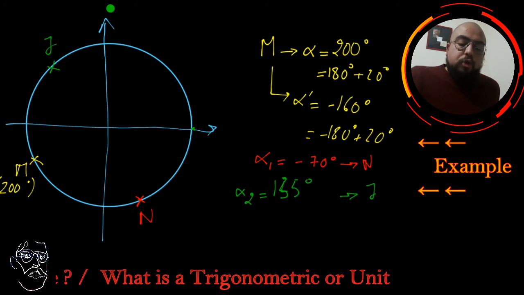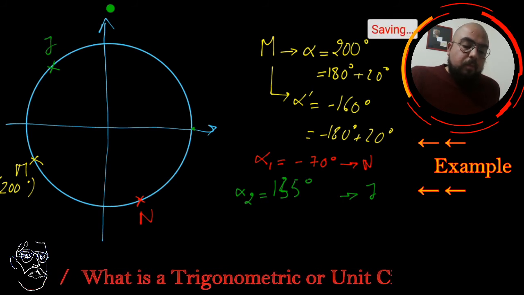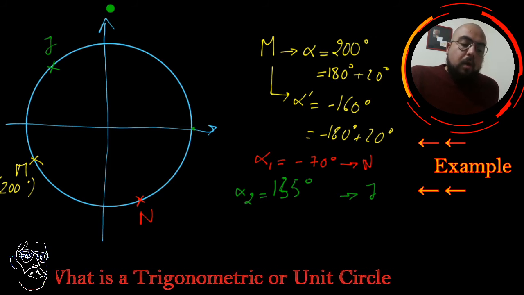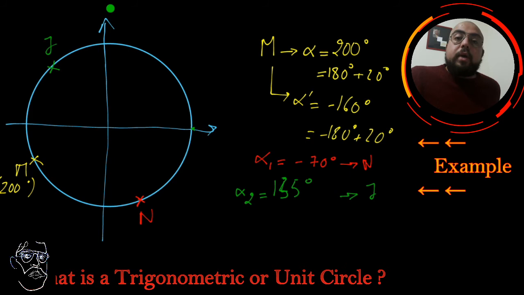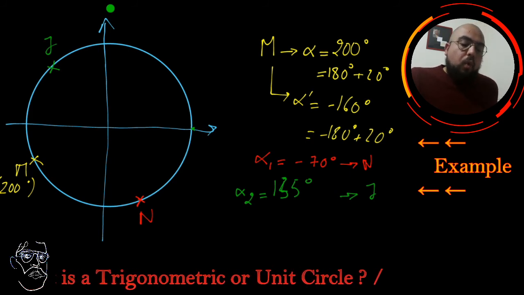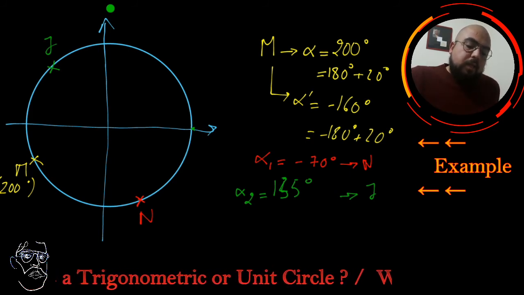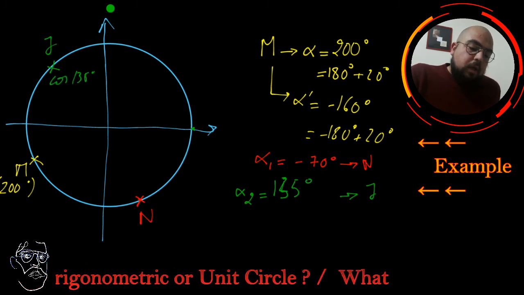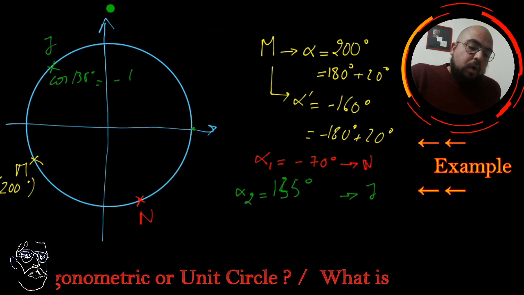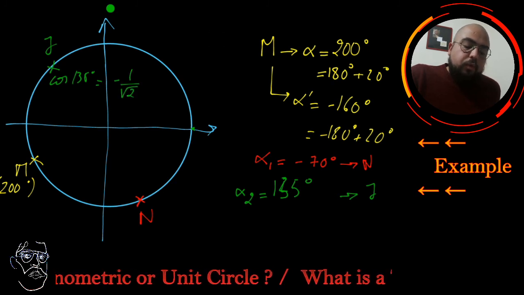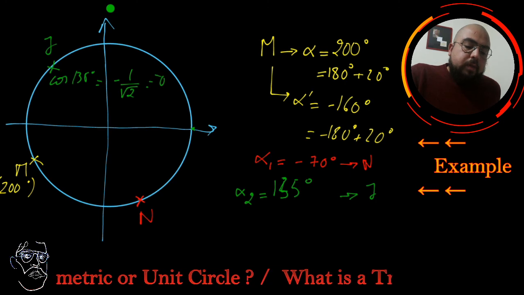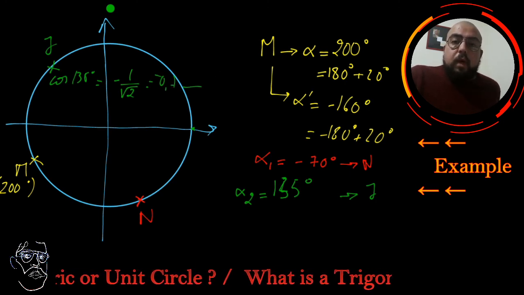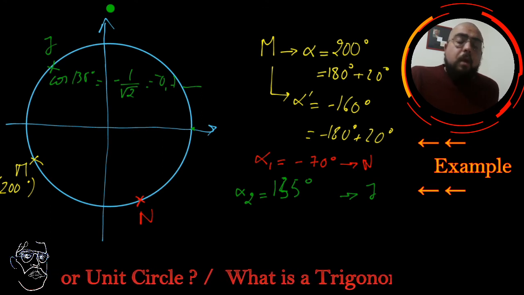The point J, which is for the angle alpha 2, 135 degrees, belongs to the second quadrant where cosine is negative. So whenever you're calculating, let's say, cosine of 135 degrees, you're going to get minus 1 over radical 2, square root of 2, which is minus 0.7, etc. So this is how you're going to get a negative value, simply because it's an obtuse angle.